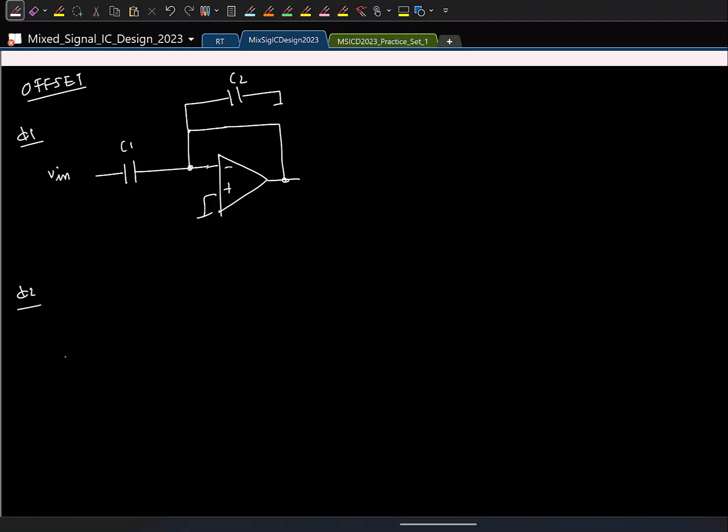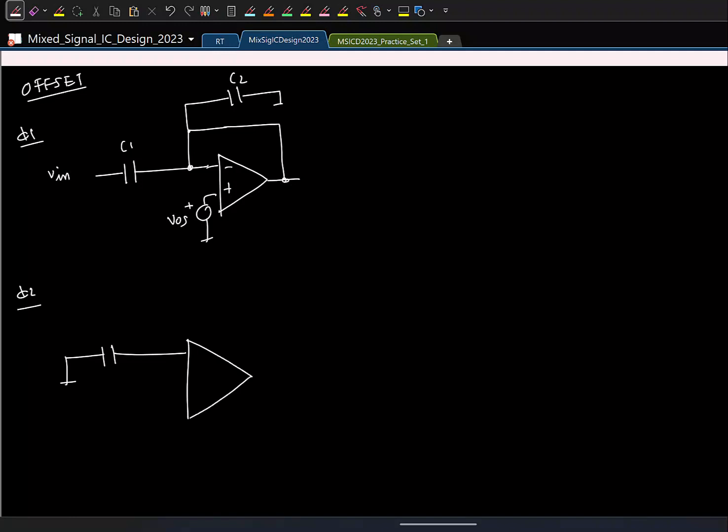So in phase phi 1, let's say the circuit is looking like this. In phase phi 2, the op amp has offset, so I'll model the offset voltage here.